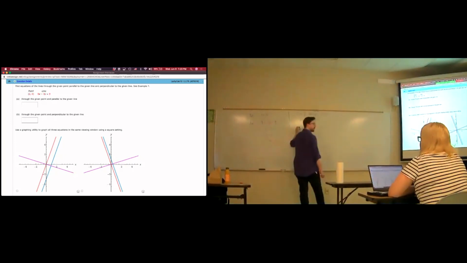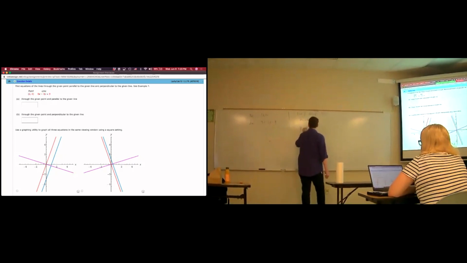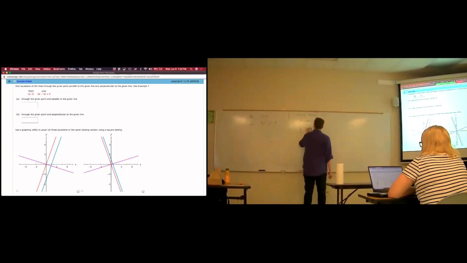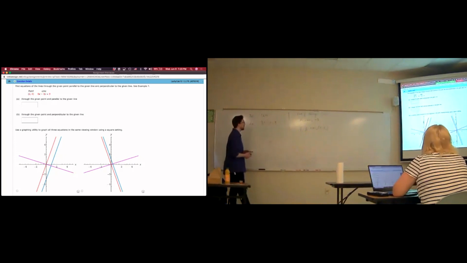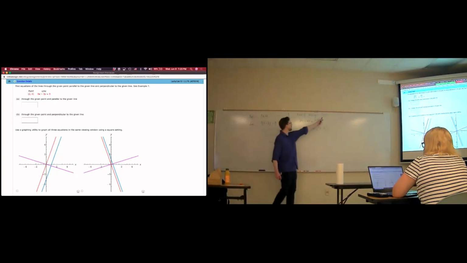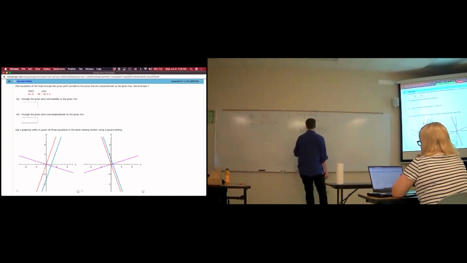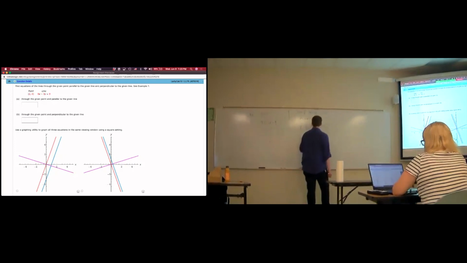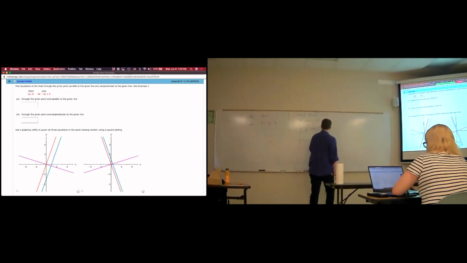Now we're going to use the point slope formula. Y minus YK is equal to M2 times X minus XK. Well, we know YK and XK is given that point. Let's plug those in. Y minus 0 is equal to, well, I'll come back to it in a second, X minus 2.